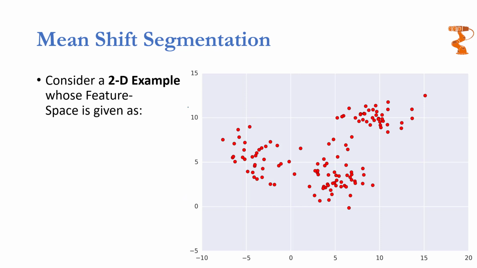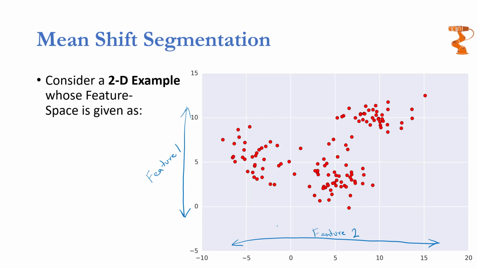This y-axis is representing some feature value. I'm going to label it as feature 1, and this x-axis is representing another feature value. I'm going to label this as feature 2.